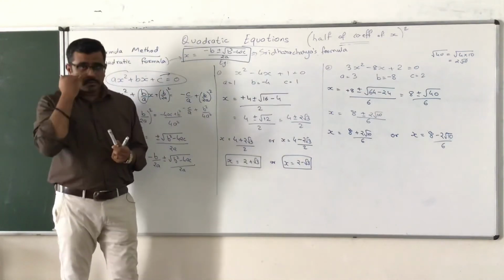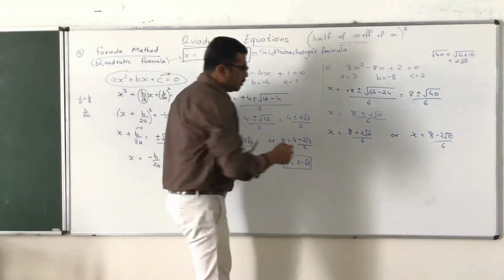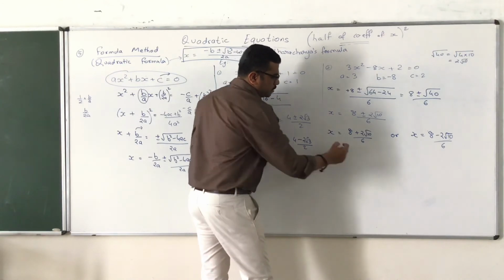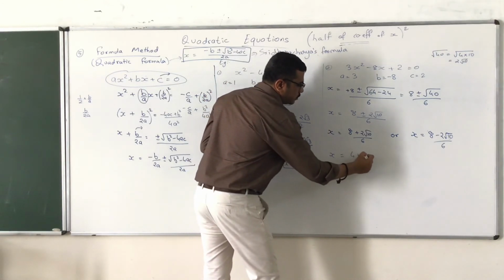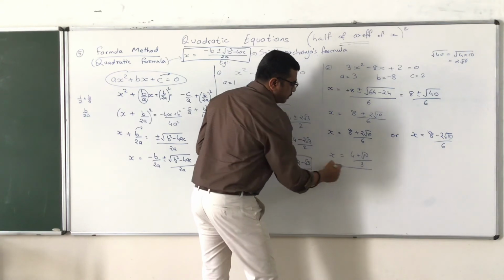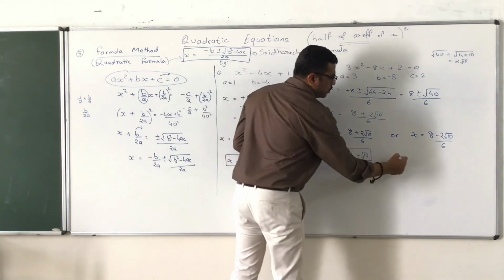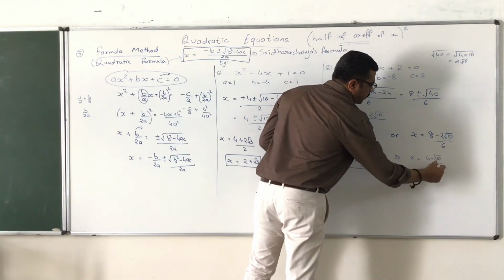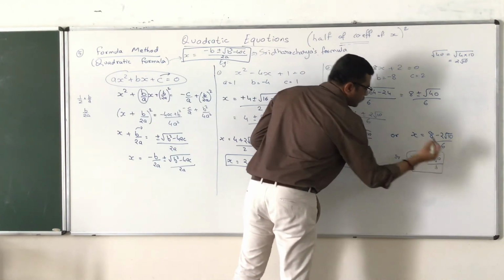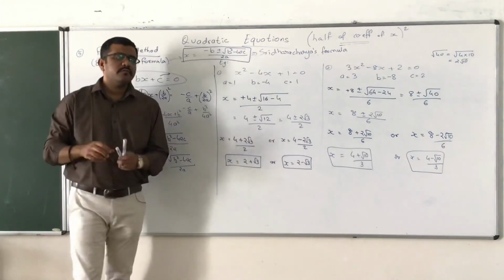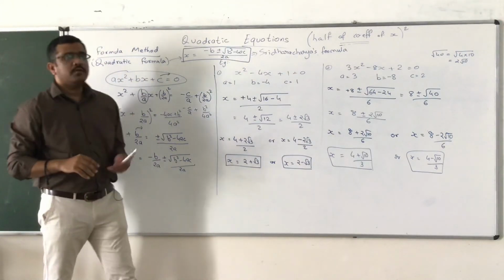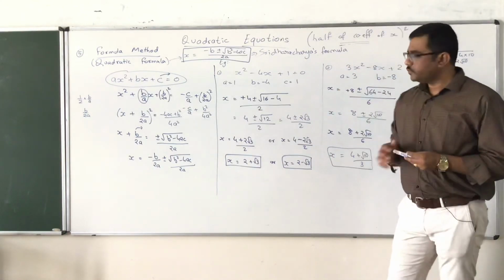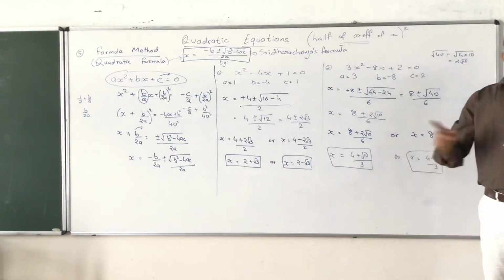On reducing to the simplest form, taking out 2 common and cancelling with the denominator, we have 4 plus root 10 upon 3, or x equals 4 minus square root of 10 upon 3. So this is how we use different methods for solving the quadratic equation. No matter which method you use, you always end up with the same solution.